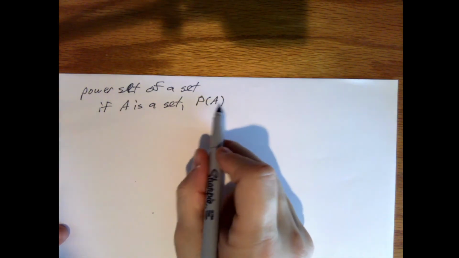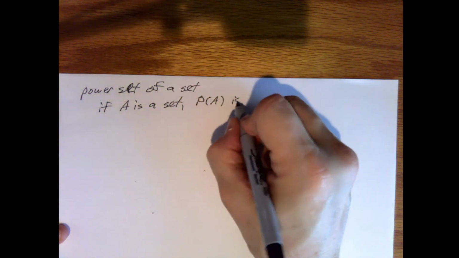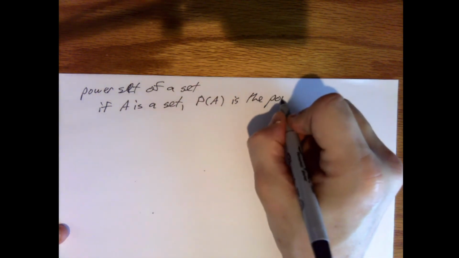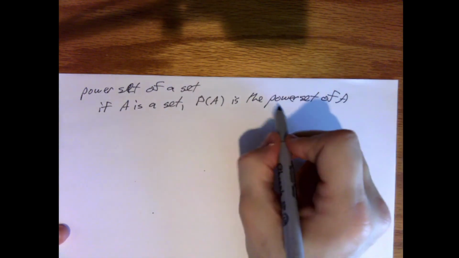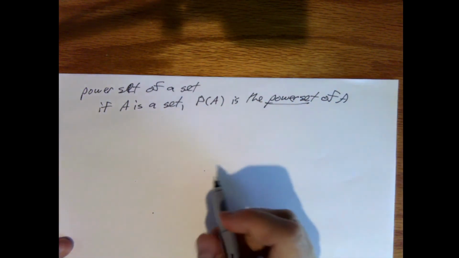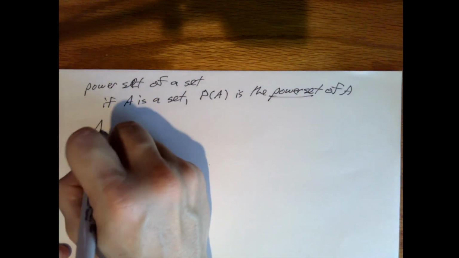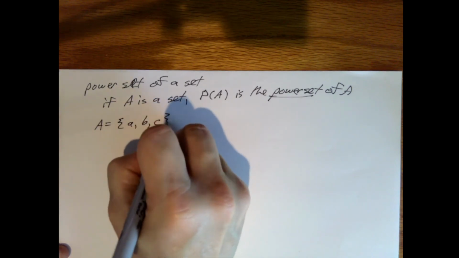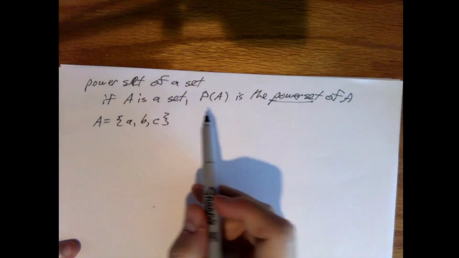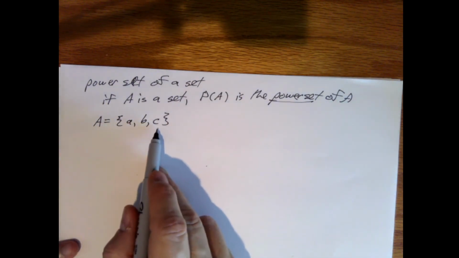Make it look like a function of capital P. The power set, this right here, is the power set of A. All right? So what does that mean? Probably the most common example you'll see will be something like this. Let's say A is equal to {a, b, c}. So the power set is every possible subset that we can produce from A here.